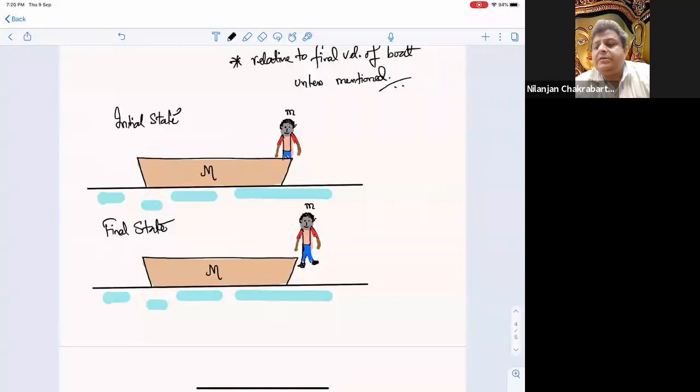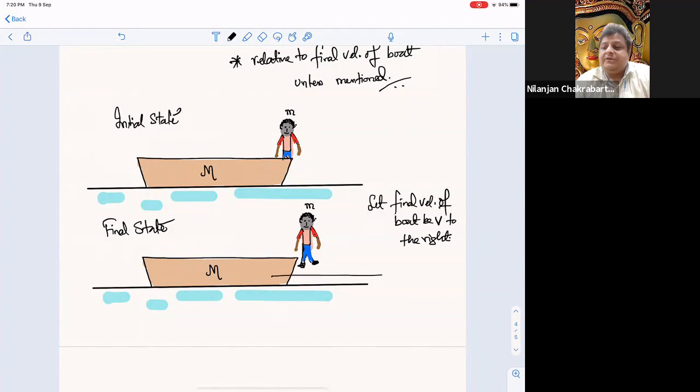So let the final velocity of the boat be v to the right.